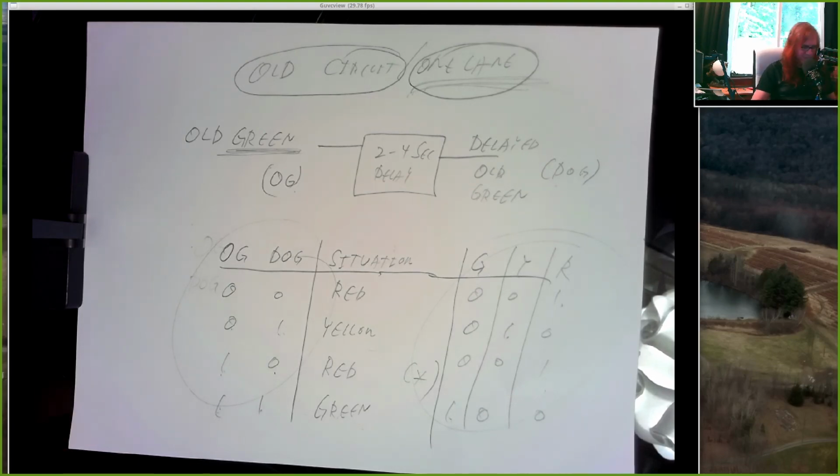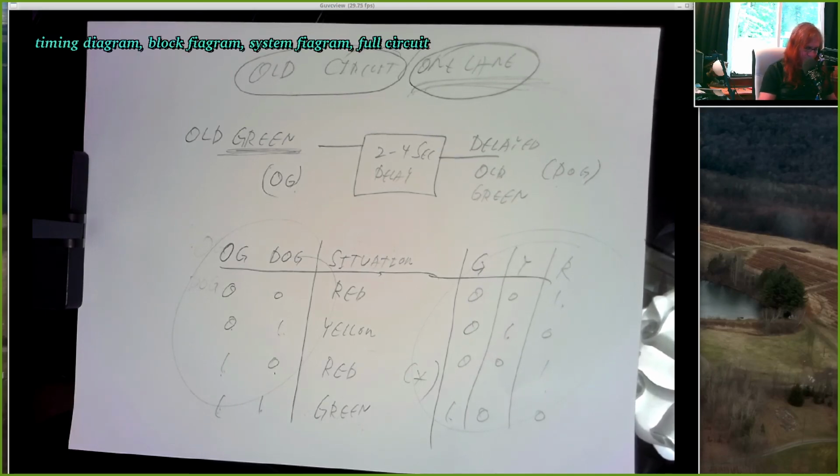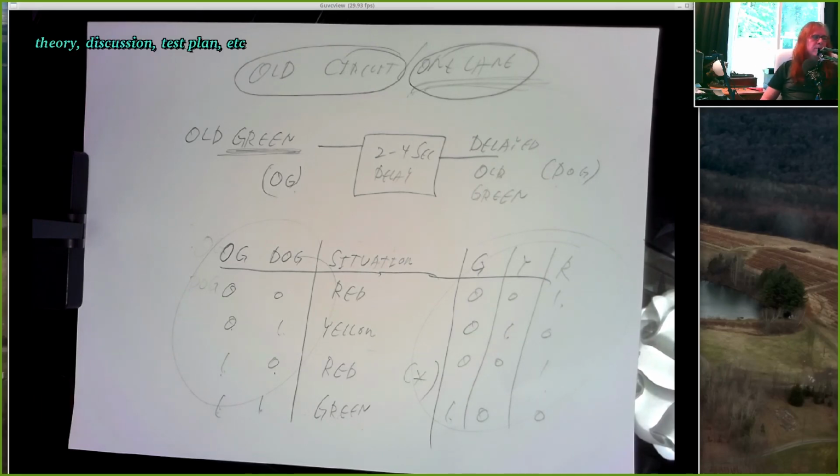So same thing on experiment 2, right? Timing diagram, block diagram, system diagram, discussion, test plan, theory, all of that stuff, right?